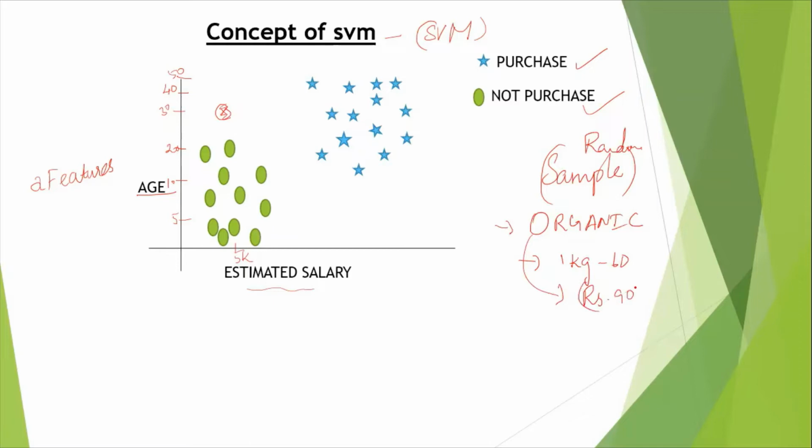It's because of the cost of production of that rice. So not everyone will afford that. People who have an estimated salary that is high will afford it for good health, and even at age 50 they want to eat healthy and be healthy. So that way the data is divided, okay? Estimated salary according to the age.